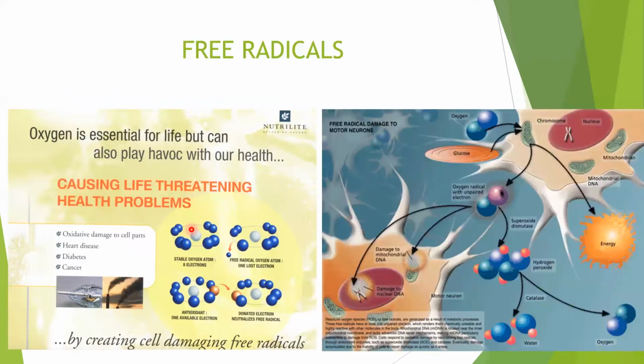So here is a detailed picture. We saw that when glucose enters our cell and when oxygen is used to create energy, we definitely get energy, but we also get free radicals in that process. And sometimes these free radicals can also attack the DNA of the cell, as you can see in the picture.